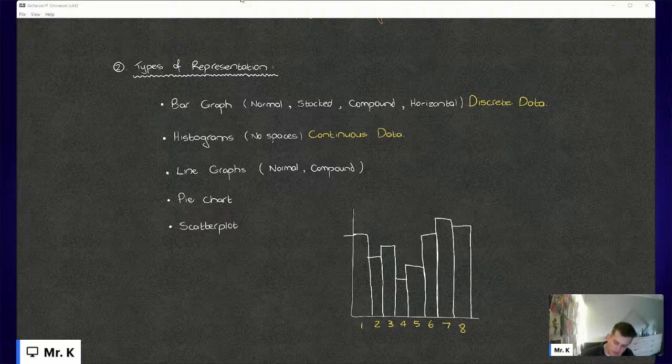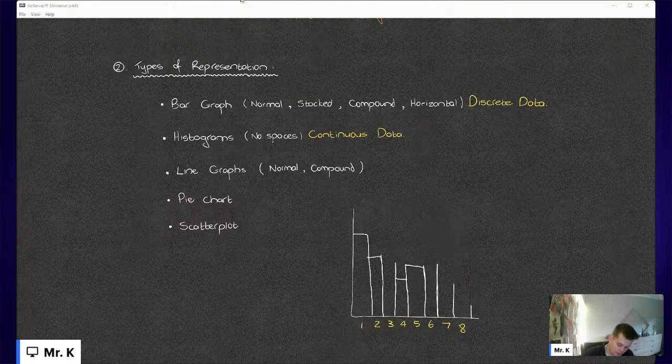And so when we look at a histogram, we can see that the speed of our wind first started off quite high and then dropped, increased a little bit, and then fell very quickly before gradually rising again, right? So histograms are more for continuous data than discrete data, but it is a little bit of a tricky one because sometimes we can use both types of data on this graph.